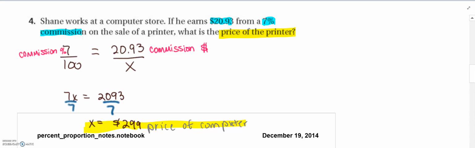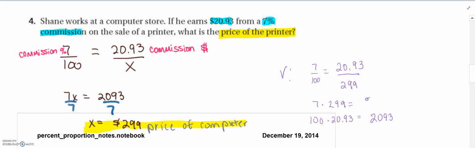Keep in mind with all of these, you can check your work by putting your answer in the place of x and seeing if you get two fractions that are equal to each other. And the easiest way to check that is by cross multiplying. 7 times 299 should equal 100 times 20.93. And in this case, they both equal 2,093, so I know that I did that correctly.